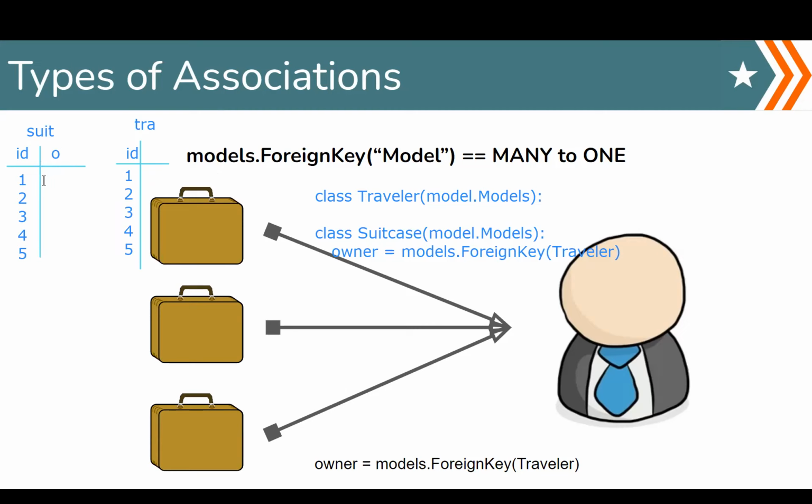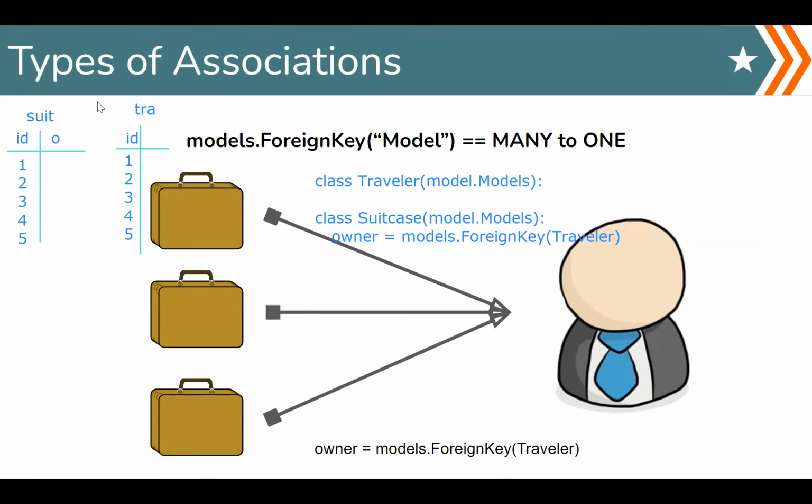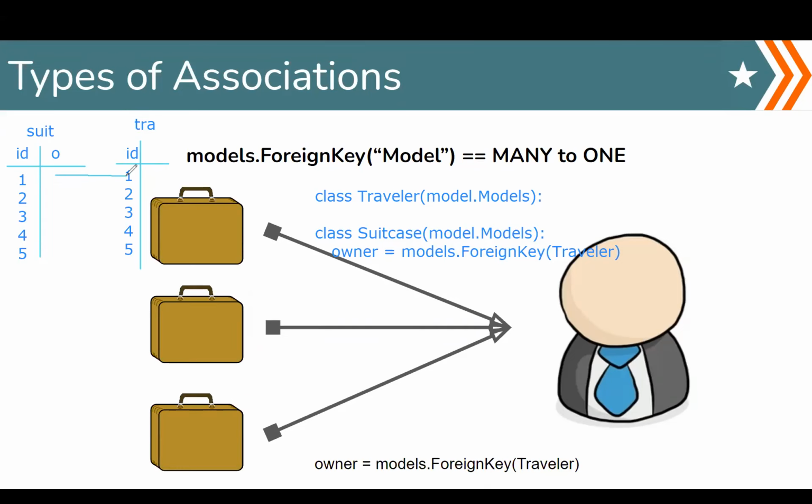So I could easily say, for example, that the owner, that wasn't supposed to happen. I could say, for example, that the suitcase with ID 1 is owned by the first guy, but the suitcase with ID 2 is also owned by the first guy. But the one with number 3 is owned by guy number 4, 4 is also owned by number 1, and 5 is owned by 3.